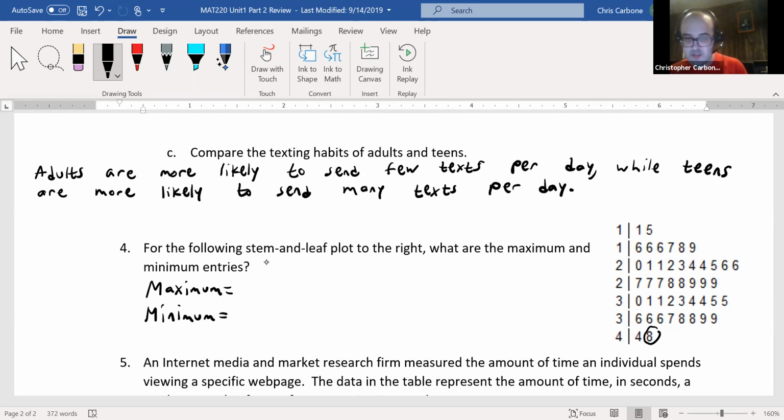This is going to correspond with the number 48. Again, the legend did not appear on here, but there's a 4 with that vertical line, and then 8 would correspond to the number 48. Likewise, the minimum will be based on this one up here, to be an 11.